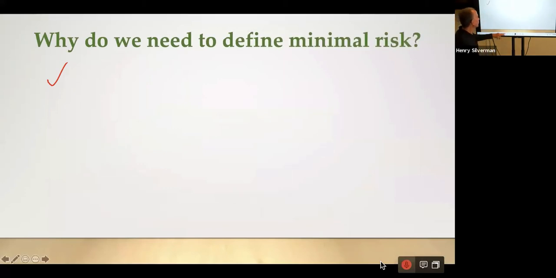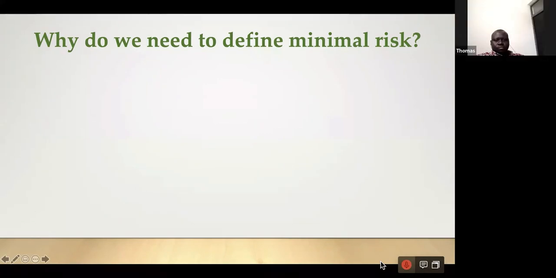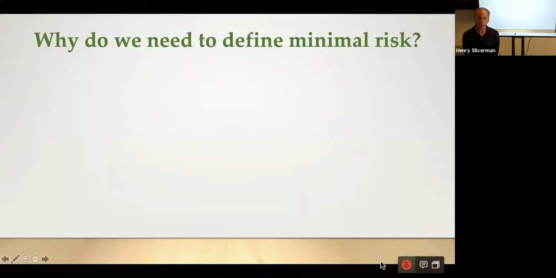So why do we need to define minimal risk? When we review risks in a protocol, there's several things we need to do. One, we need to identify the risks, whether it's physical risk, social risk, psychological risk, economic risk, legal risks, okay?